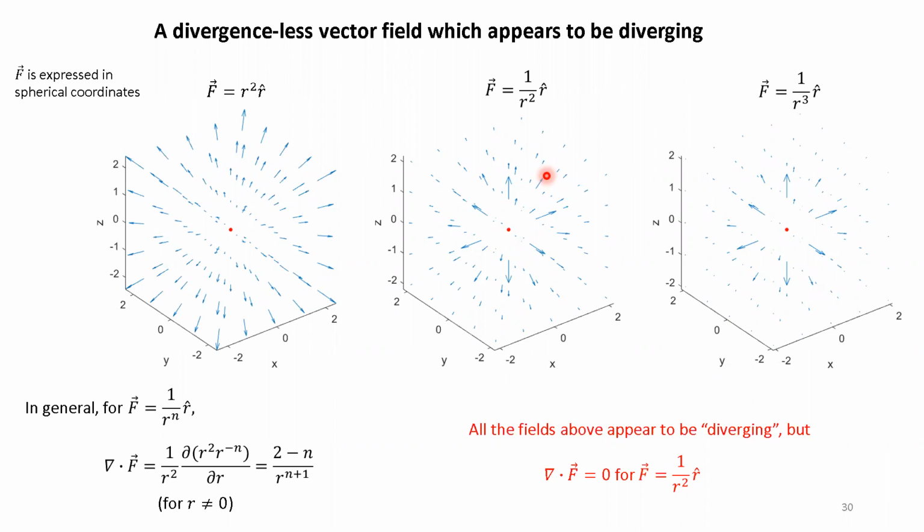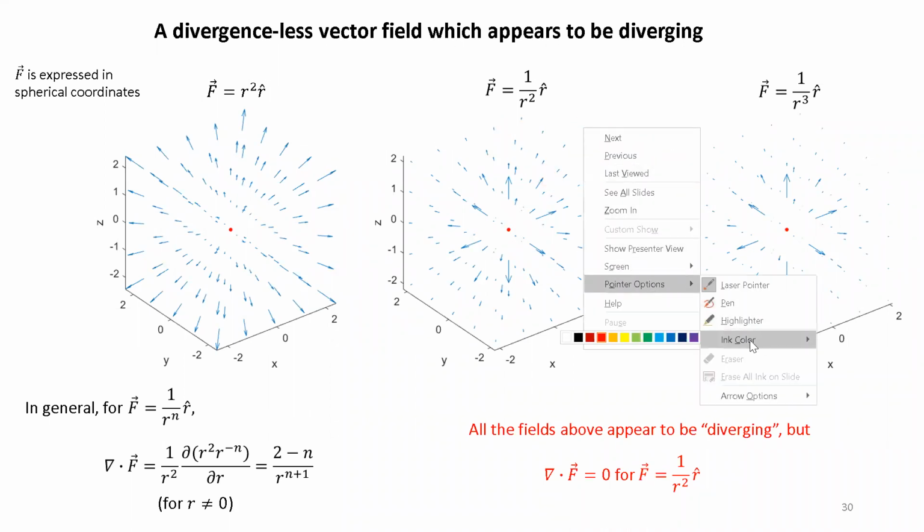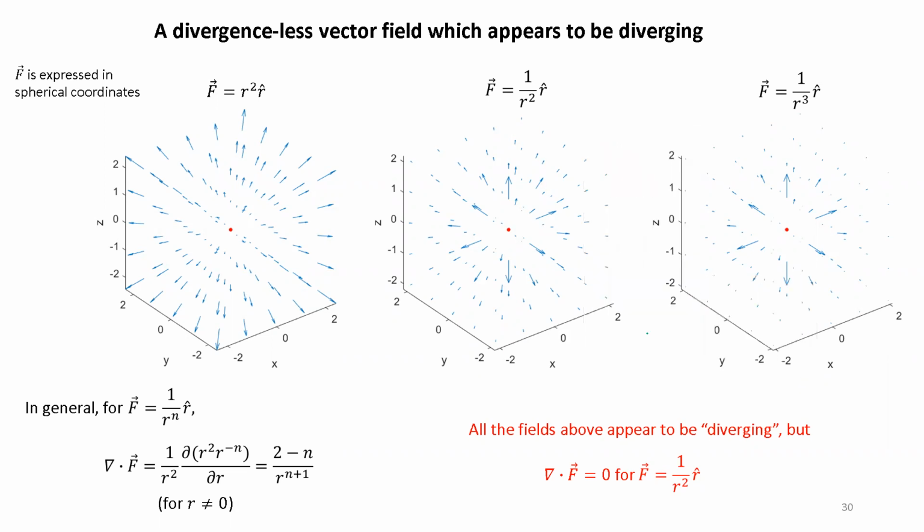Remember when we derived the formula for the divergence, we were considering a very, very small region of space, and considering the flux through a very, very small box. Let me draw a very, very small box here.